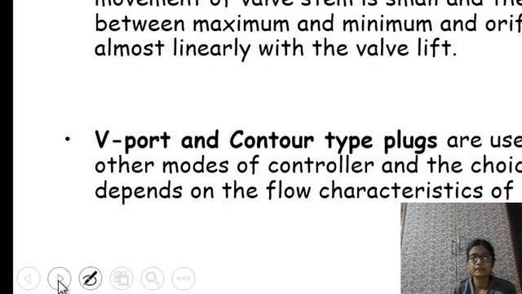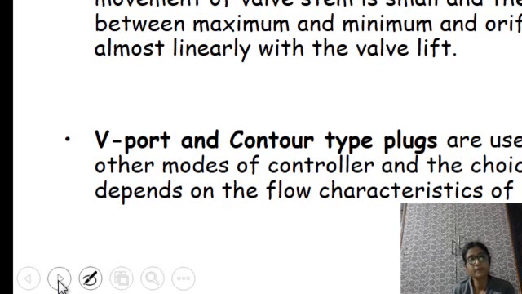Next is the different types of plug. Depending on the type of plug, the classification of control valves is poppet type or quick opening type. This is poppet type, that is, the name signifies that it is quick opening type. This is specially used for on-off controllers, where the stem is positioned for maximum and minimum opening.